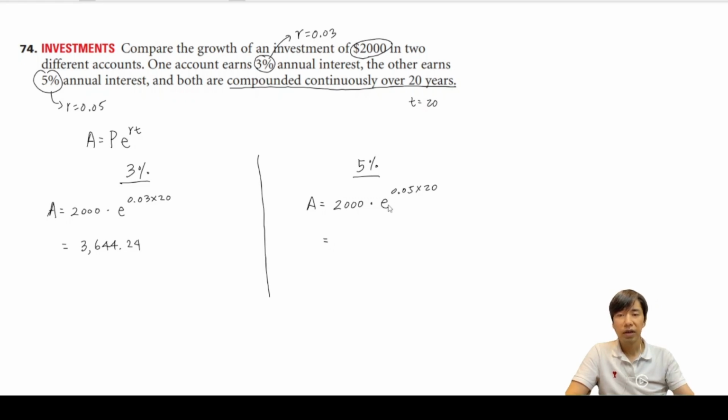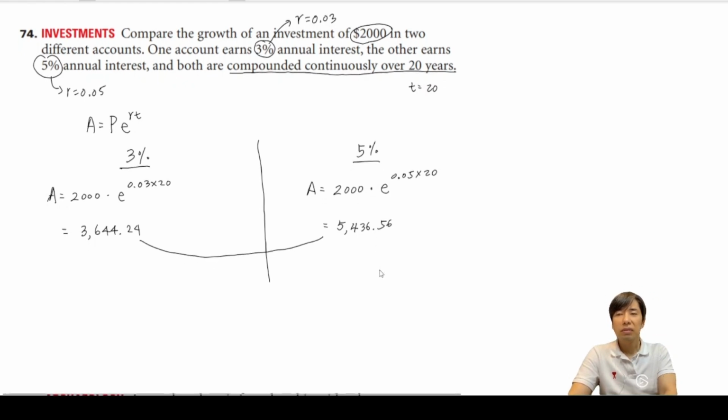So you'll get 5,436.56. So it's just a 2% difference in interest rate, and the ending balance after 20 years has a huge difference. One at 3,600, one at like 5,400. So there's a difference of almost $1,800.